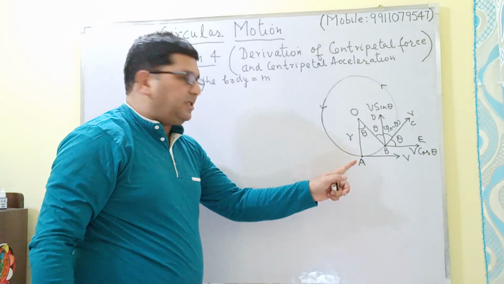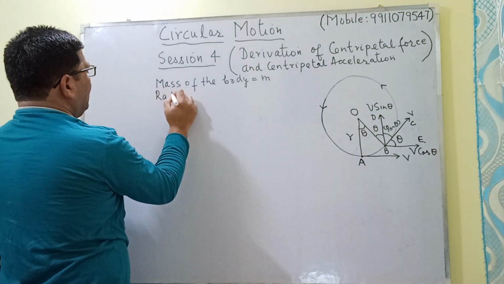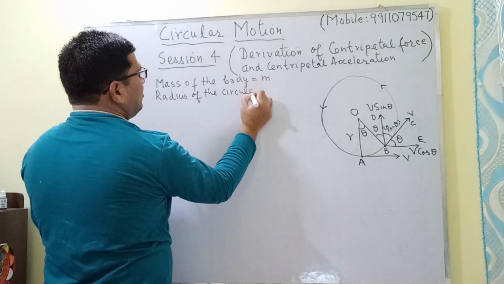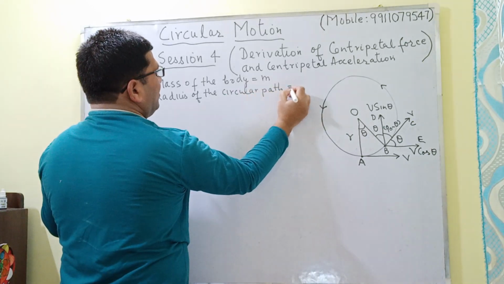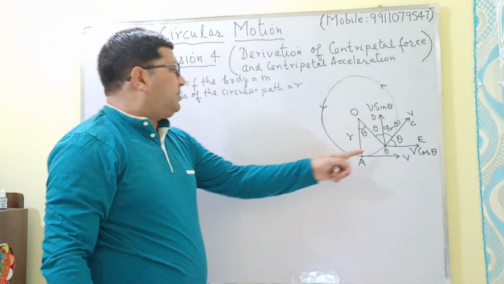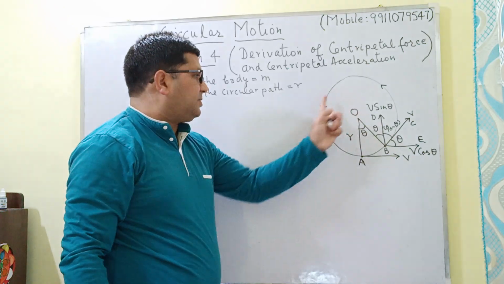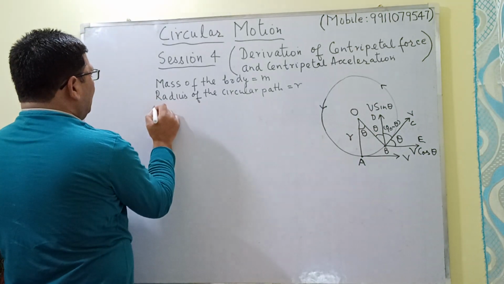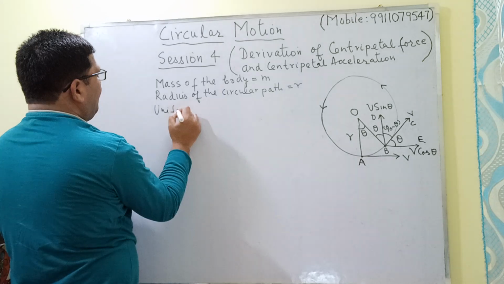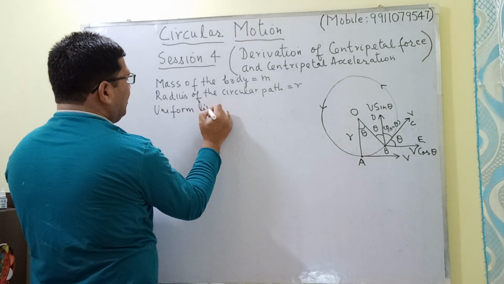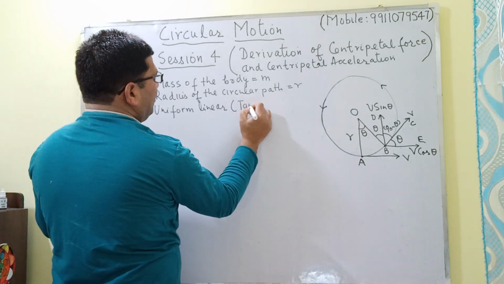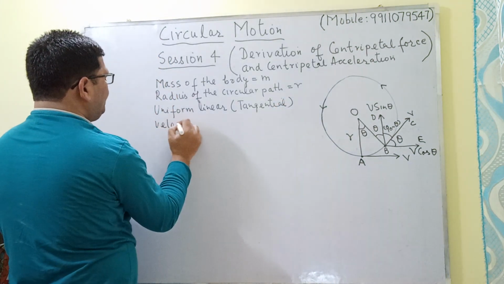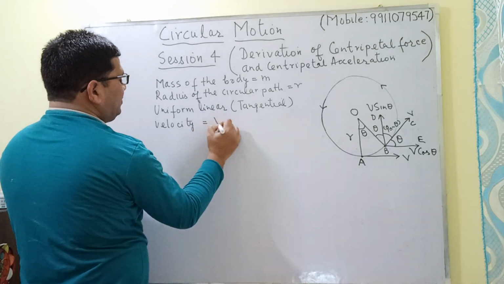The radius of this circular path is r, and this body is moving in this circular motion with a uniform linear or tangential velocity, which is v, small v.